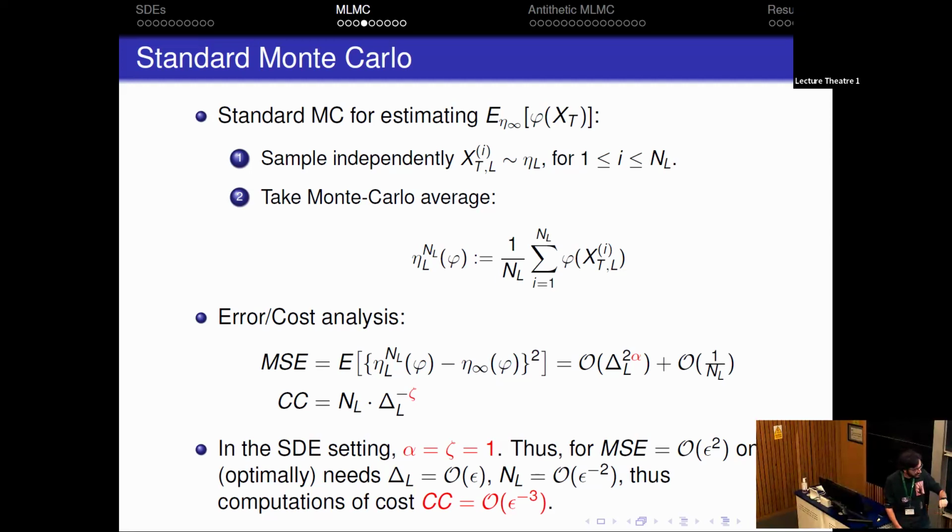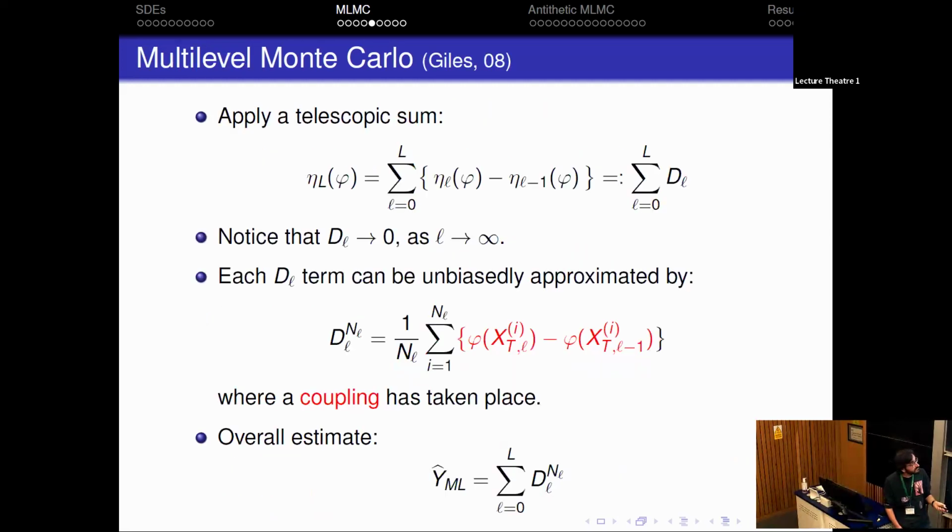This is where the Giles idea comes into the context. They say, all right, let's look at the difference. Let's actually use the differences between schemes that use different choices of this delta step size, and let's work with this.